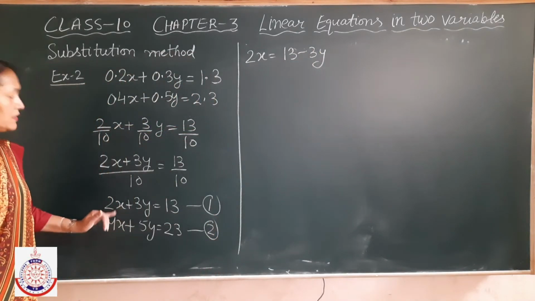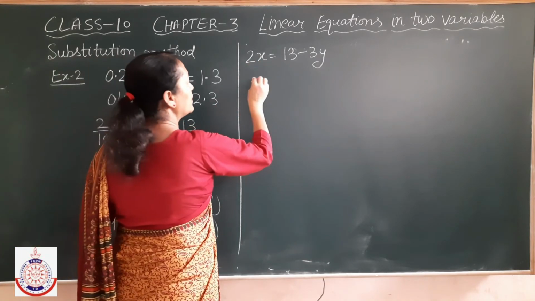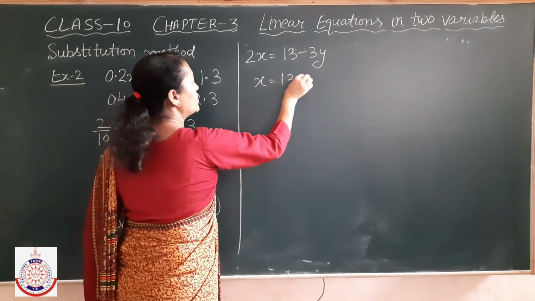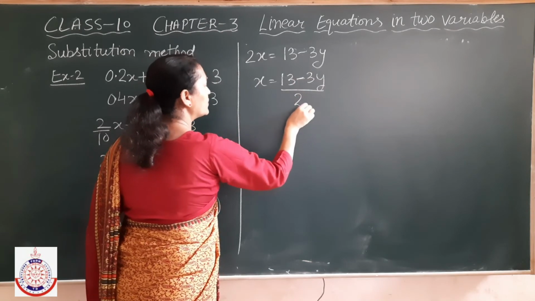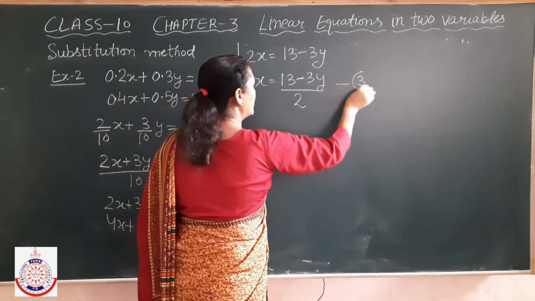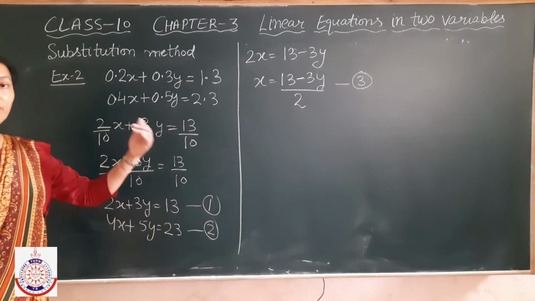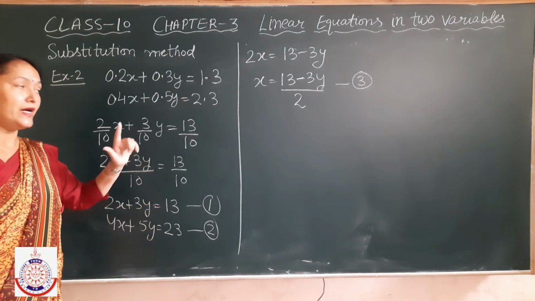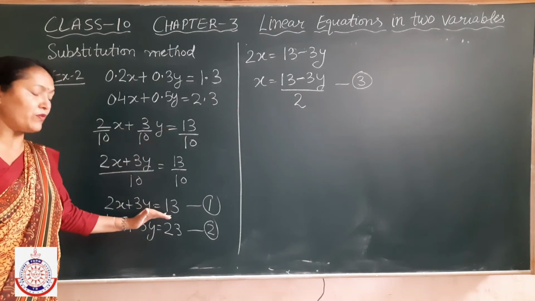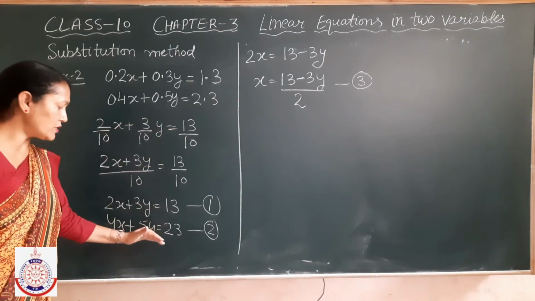Now the 2 will go as the denominator. So the value of x is 13 minus 3y upon 2. Let it be the third equation. I will substitute this value of x in equation number 2, because variable x was obtained from equation number 1.